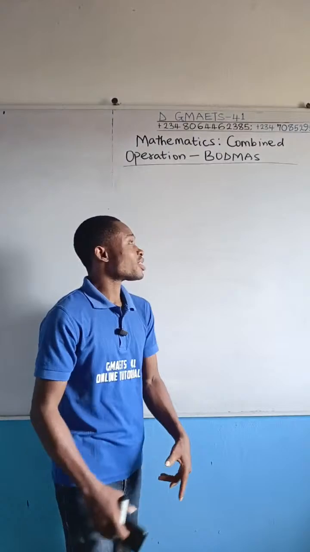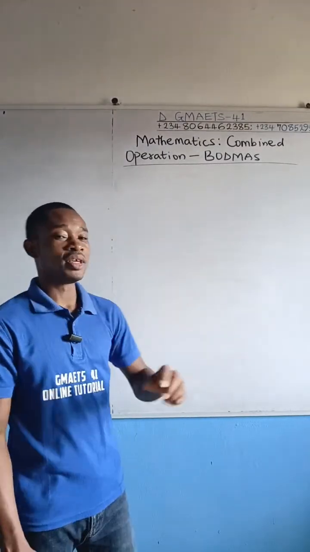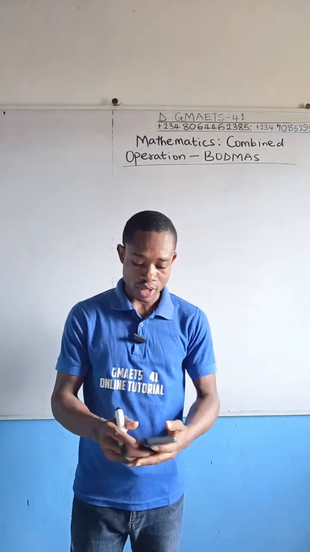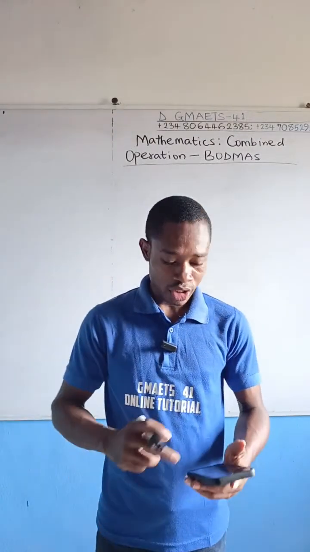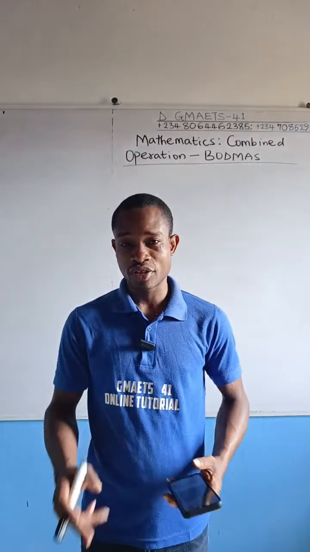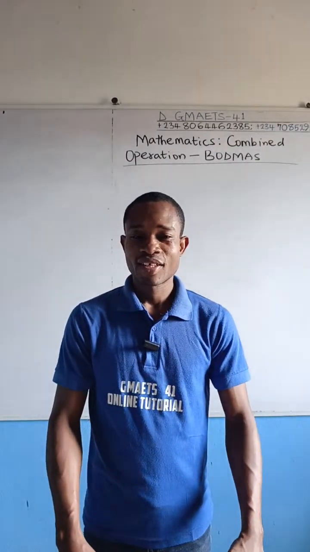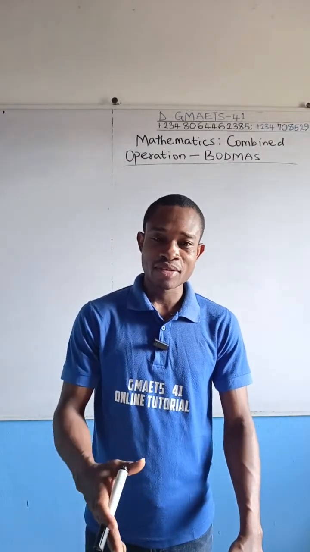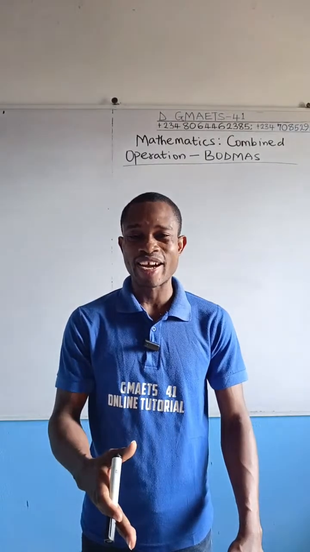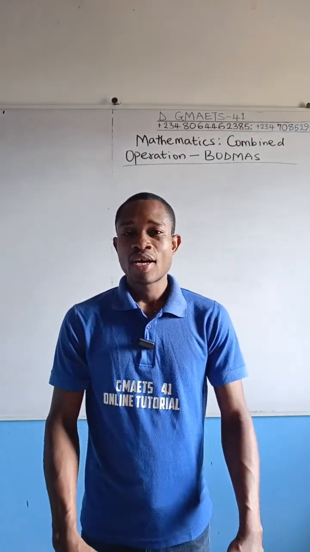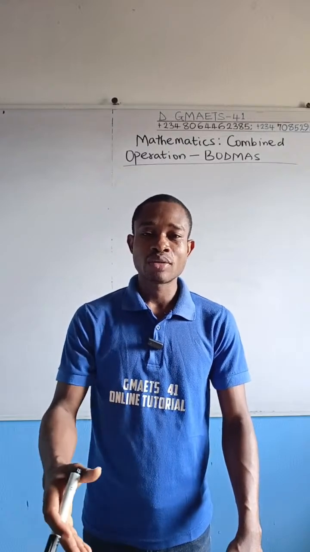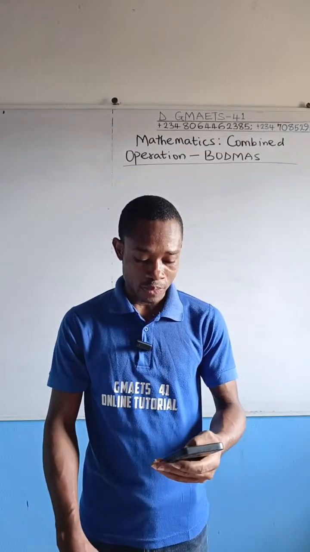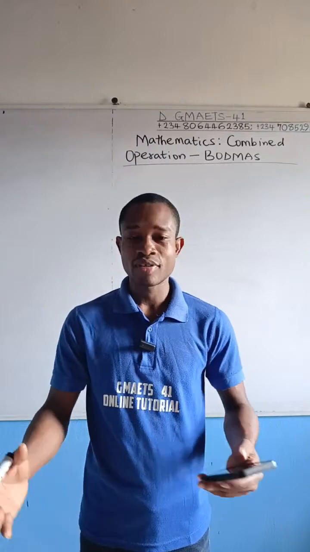Already in this class, I've taught the concept of basic arithmetic to include addition, subtraction, multiplication, and division. Now, in mathematics, there are certain kinds of problems that can be given to you, where two or more basic arithmetic operations might be combined.